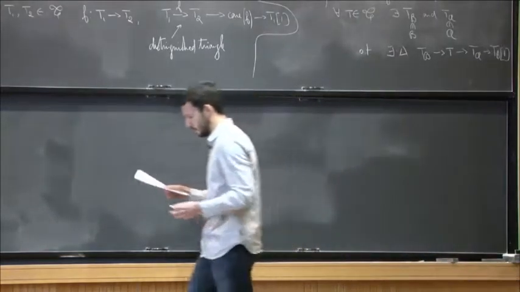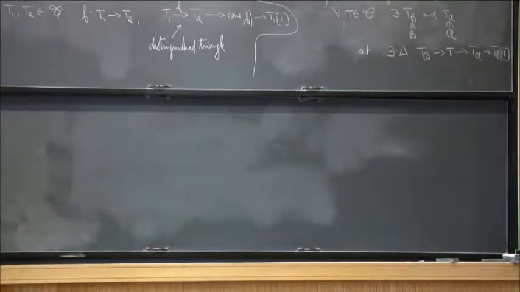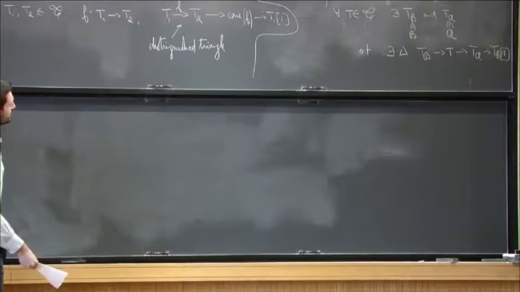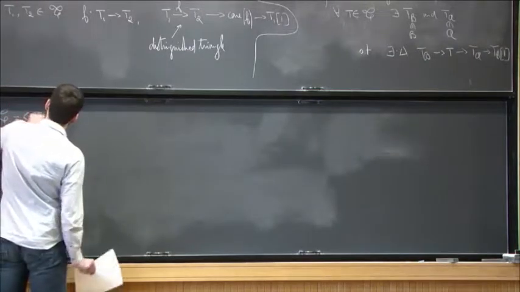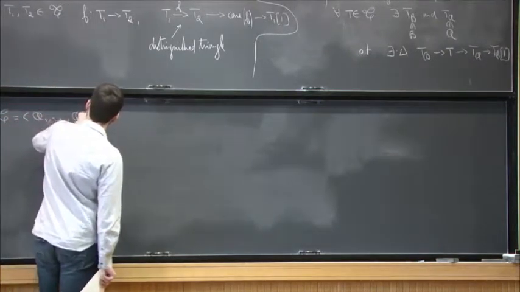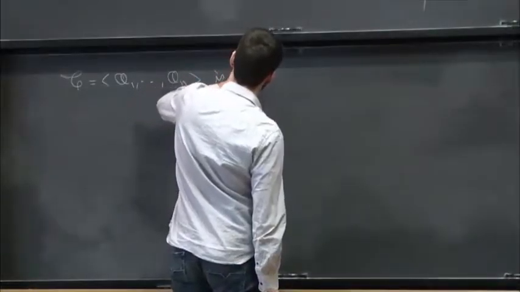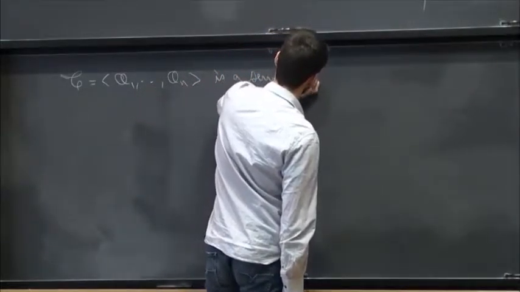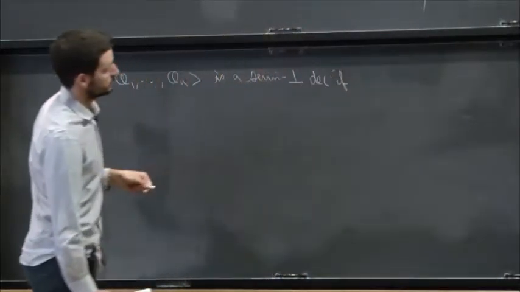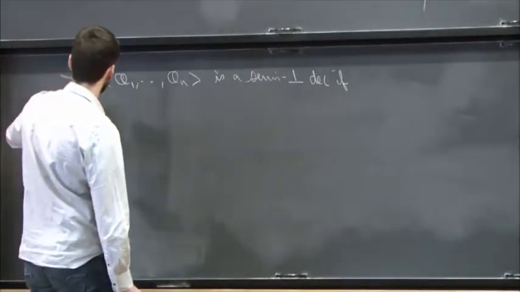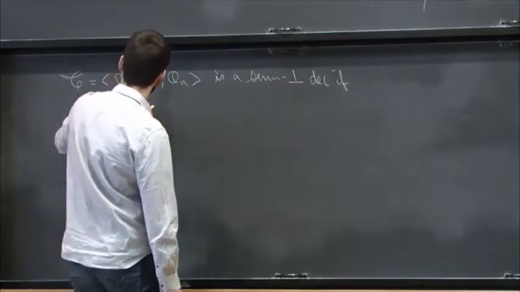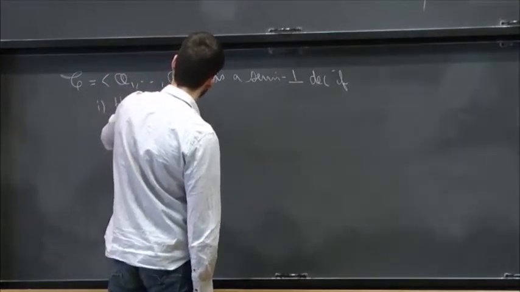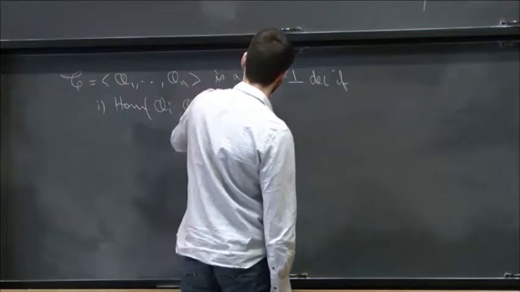Just to make things clear, I'm going to define a semi-orthogonal decomposition with more than two objects. In that case, we have A1 to AN. This is a semi-orthogonal decomposition if, again, first condition, there are no morphisms from the right to the left, so Hom(A_i, A_j) is 0 for all i bigger than j.